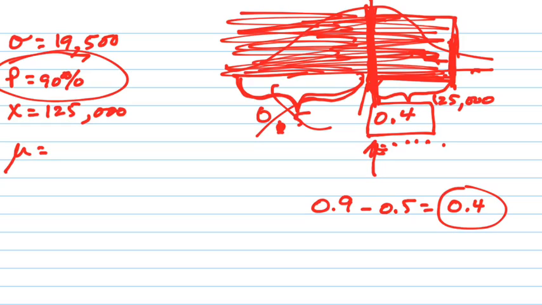All right. Okay, so let's work it out using the information. Go to your chart, find 0.4. This one's going to have a difference.